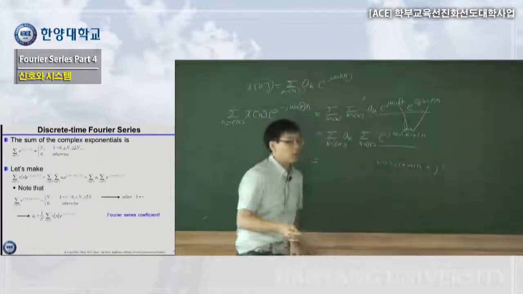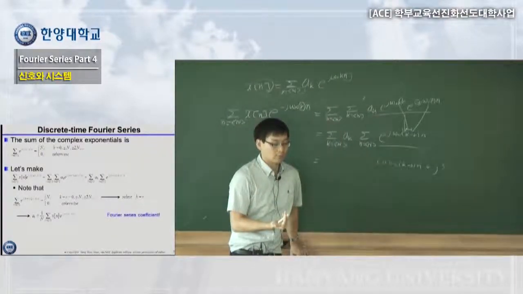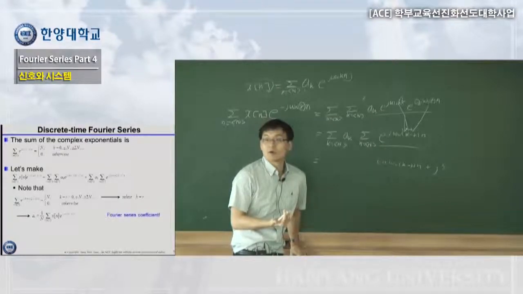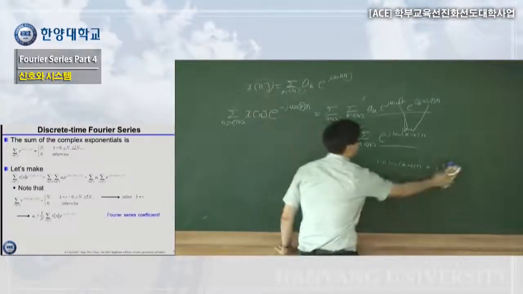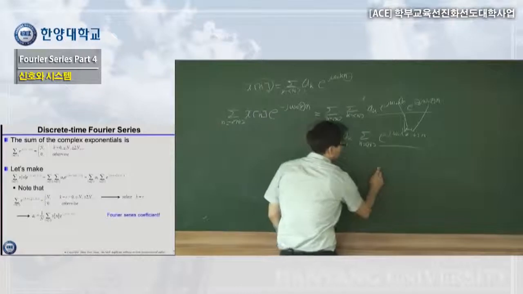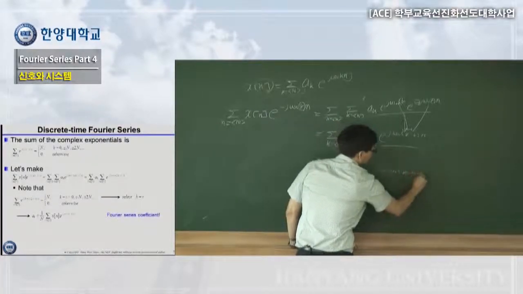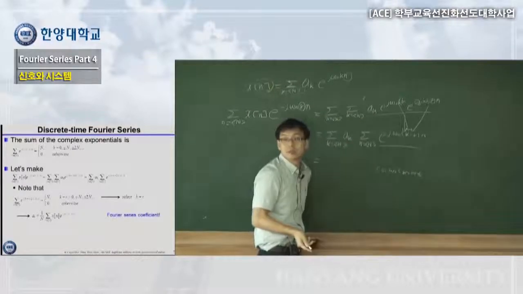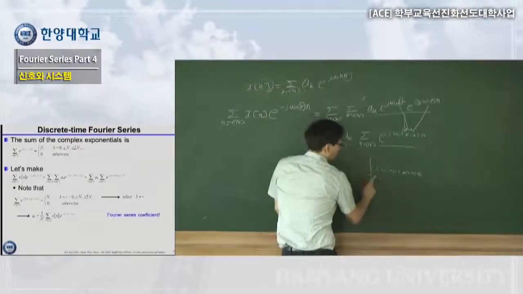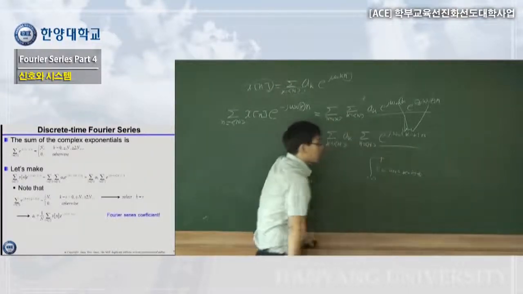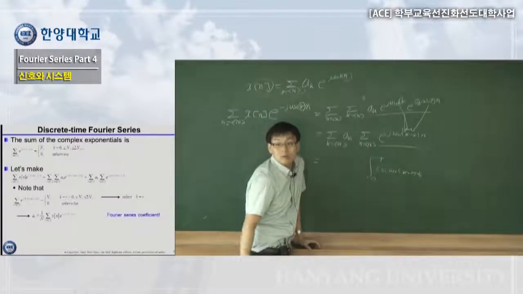If you remember, I always bring the idea of periodic functions. Let's go back to continuous time: integrate them over a period, they are always zero, except for a special case.